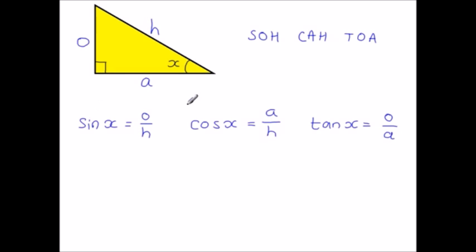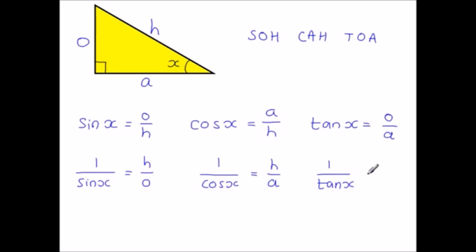If we take the reciprocal of each of these, then you get 1 over sine x is equal to, if you flip this over, hypotenuse over the opposite side. You get 1 over cos x is equal to the hypotenuse over the adjacent, and you get 1 over tan x is equal to the adjacent over the opposite.